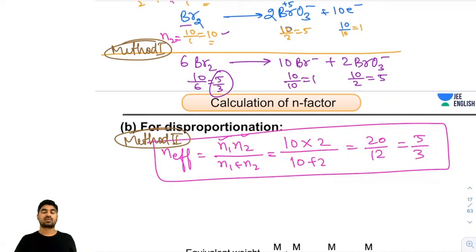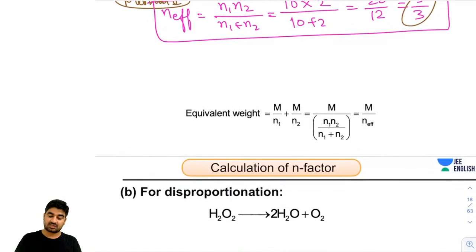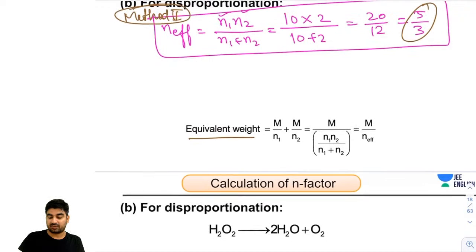Yes. Just note it down. Now you know the difference between method 1 and method 2, but the answer will be same. Answer will be same, right? So guys, this is how you will be calculating equivalent weight.